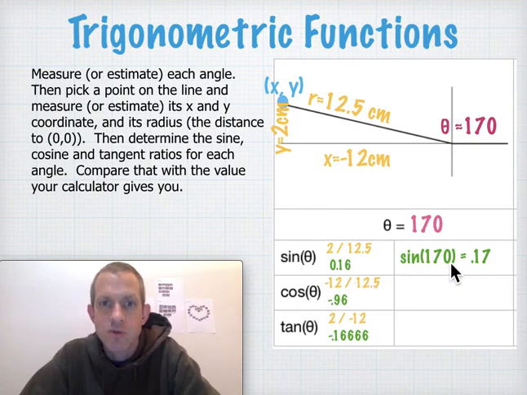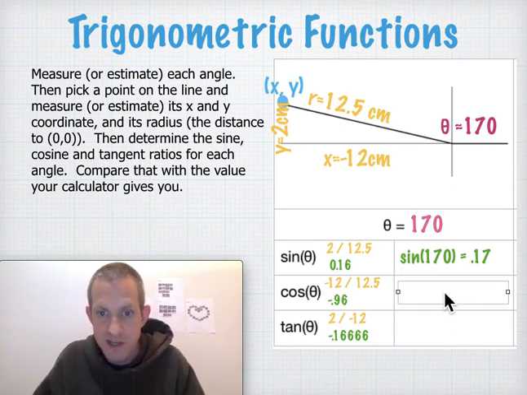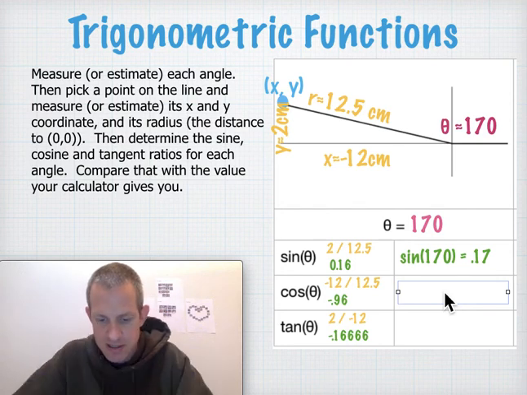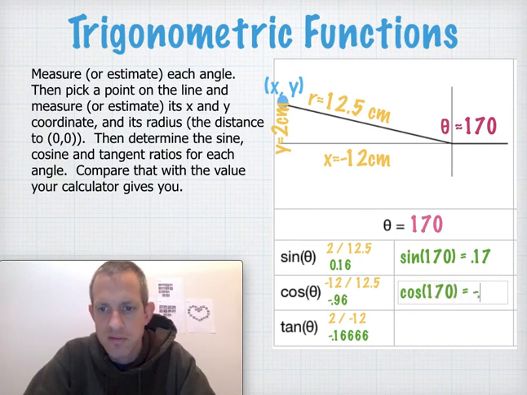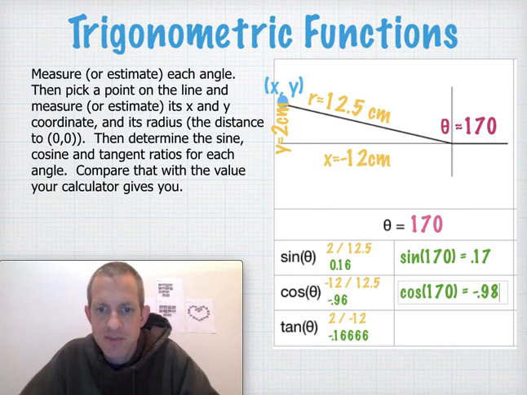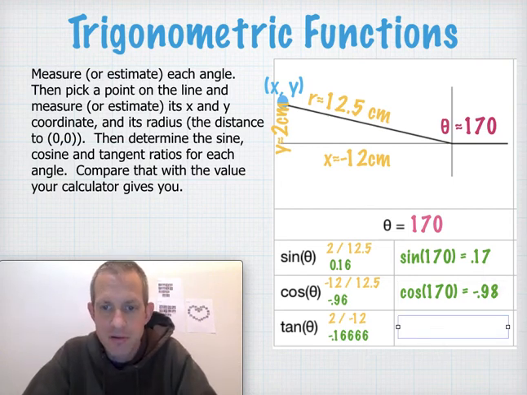But our calculator is more precise, and so we usually go with our calculator's version. If we typed in cosine of 170, I would expect a number close to negative 0.96. I got negative 0.98, which is really close. And if we type tangent of 170, I would expect a number close to negative 0.16. Let's see how we did. Negative 0.17, not bad at all.